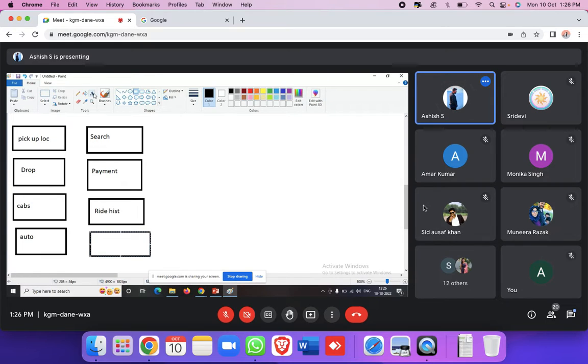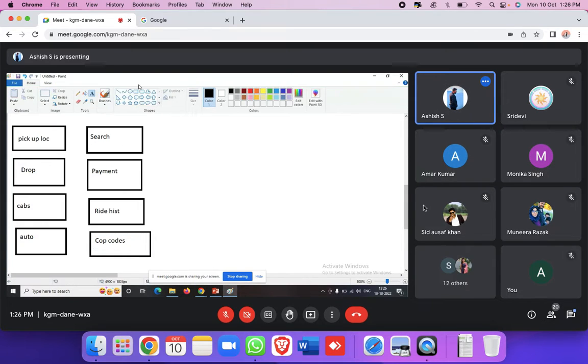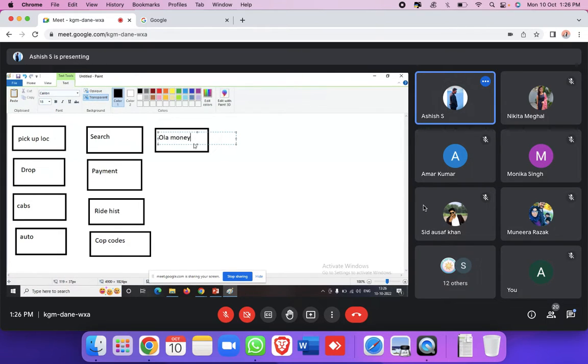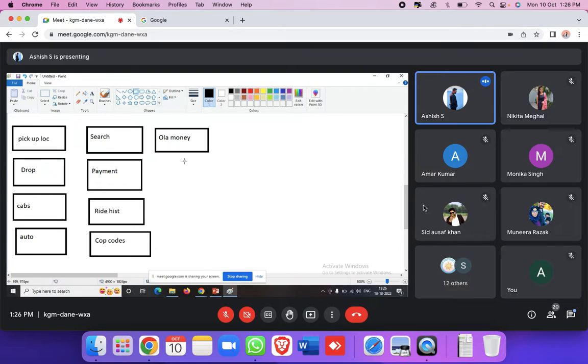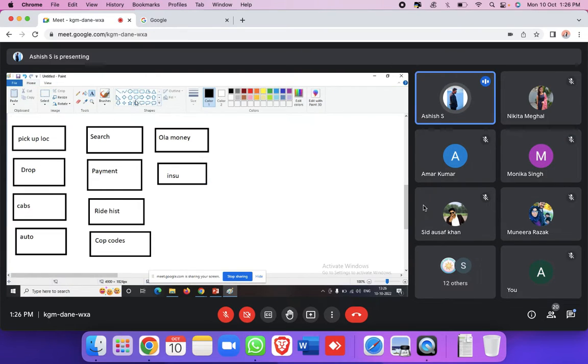Coupon codes. Ola Money we have. Insurance also there, sir. Okay, my insurance. Refer and earn. What more? Okay, so that is the last one, refer and earn.